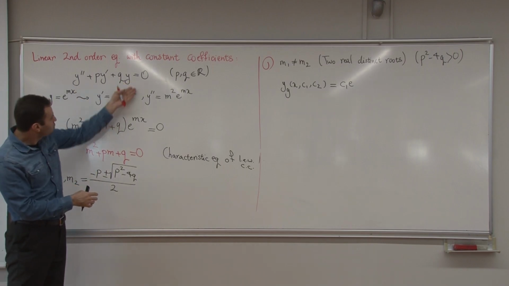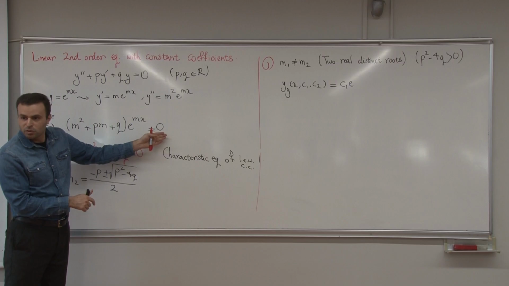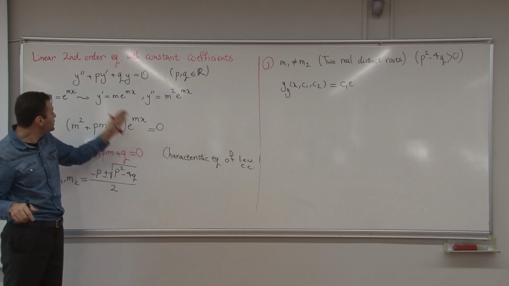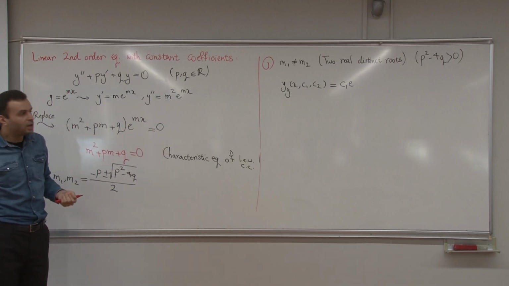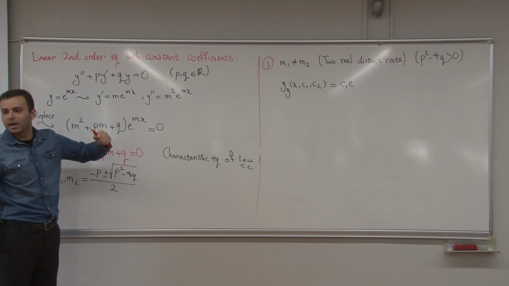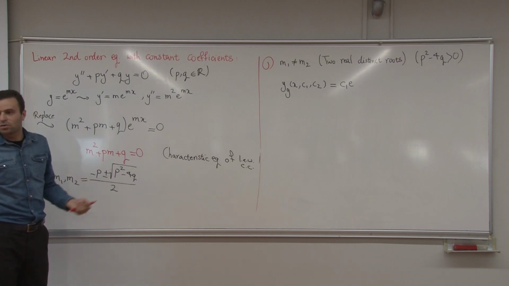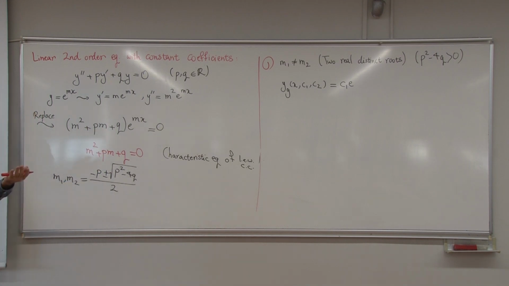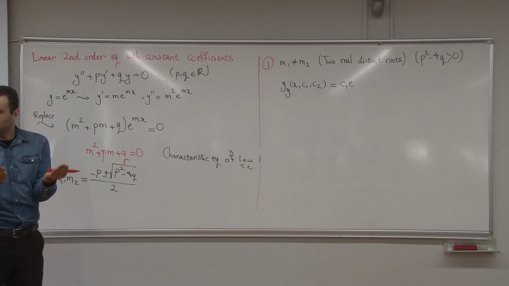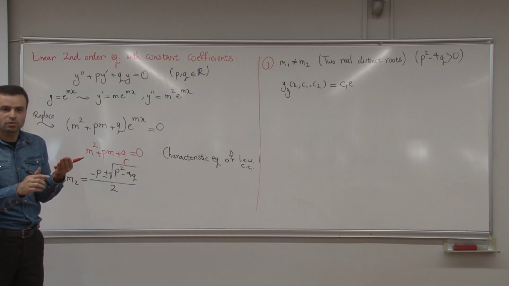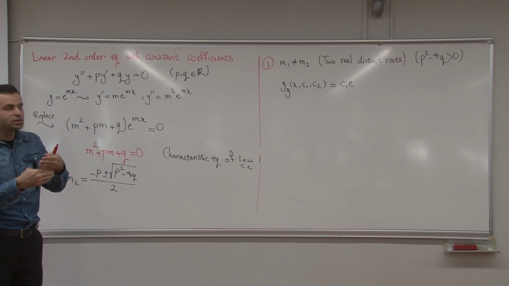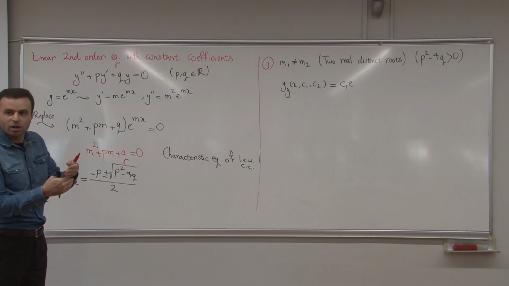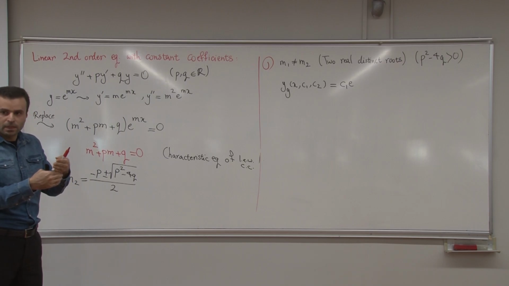So the equality is going to hold, which means that e to the power of m1x is a solution here. What about e to the power of m2x? Yes, again it is going to be a second solution. Are they essentially different functions, that is, are they linearly independent or not? If you divide them by each other, since m1 and m2 are not equal to each other, it won't give us a constant.